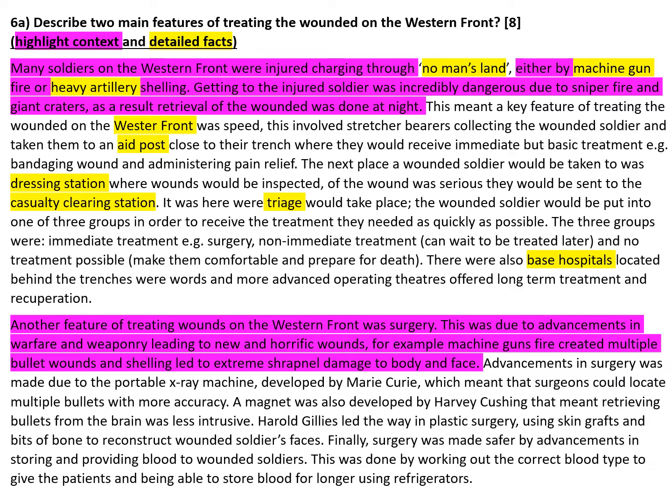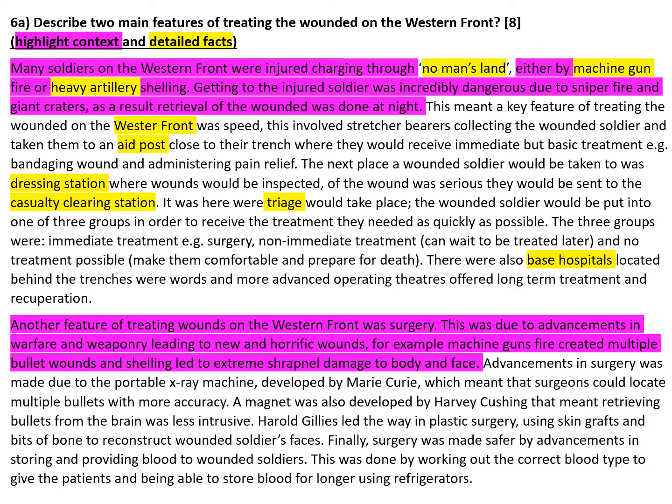So when it says features of treating the wounded, features is a really vague way of putting it. Kind of think of it as them saying, if you were to put all the ways they treated the wounded into themes, groups, what would you do? What groups would you put them into? So I was thinking, like, you know that mind map that we did where we said surgery was something that they were using, or technology, or they had a system of getting people from the trenches to get the right treatment.